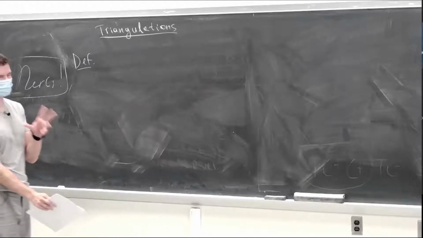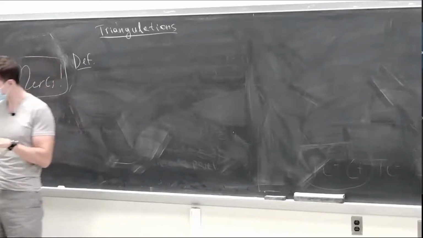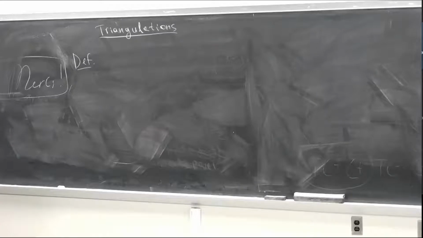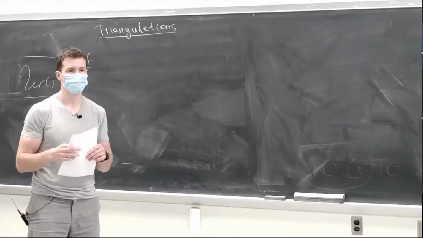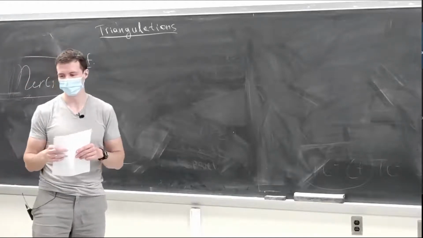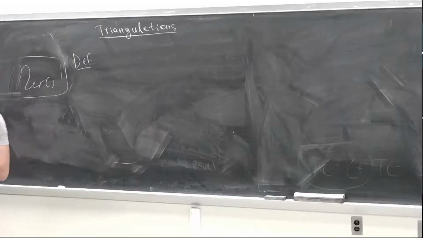So I should be using only the vertices, and then the simplices have to only overlap in the faces. Is that it, or any other conditions? Yeah, the union of simplices has to be the whole polytope. Any other conditions?